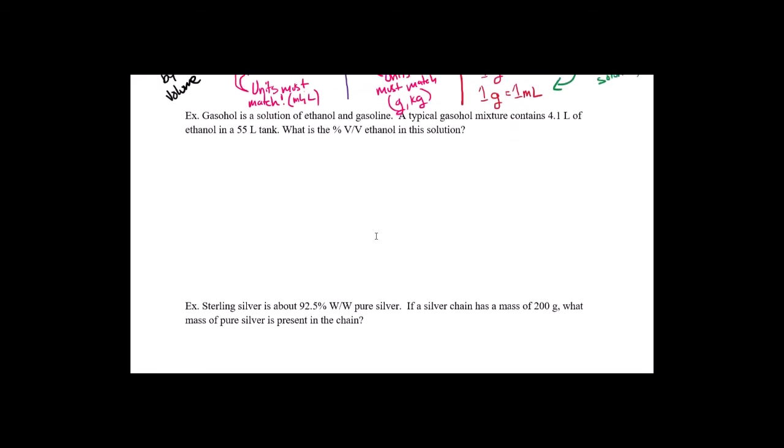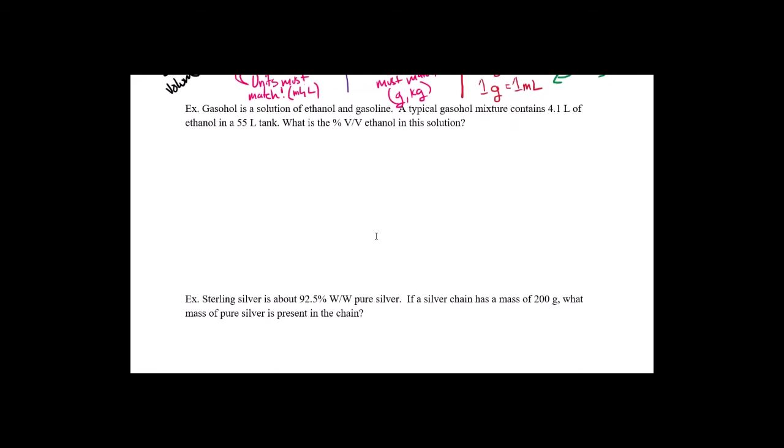So let's try an example. A lot of the gasoline that you buy at the pump these days is not gasoline, it's actually gasohol. And gasohol is a solution of ethanol and gasoline. So ethanol is the solute, and gasoline is the solvent.